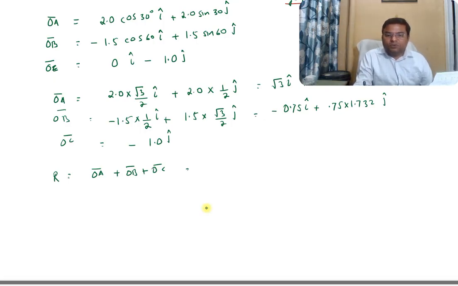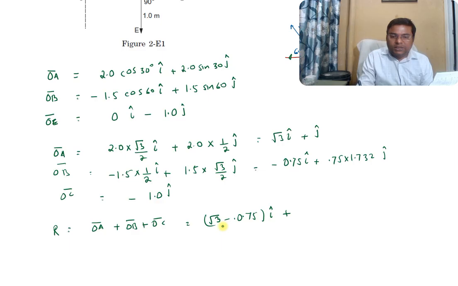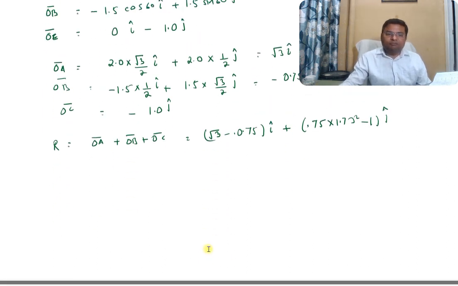Hence this is equal to root 3 minus 0.75 I plus, for the J component, 0.75 into 1.732 minus 1. This is plus 1 and this is minus 1, so they cancel out. So this is the resultant vector.